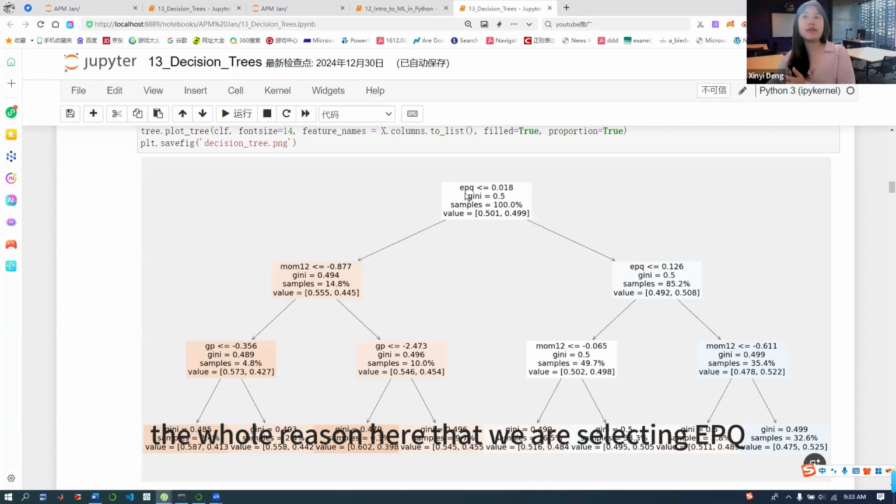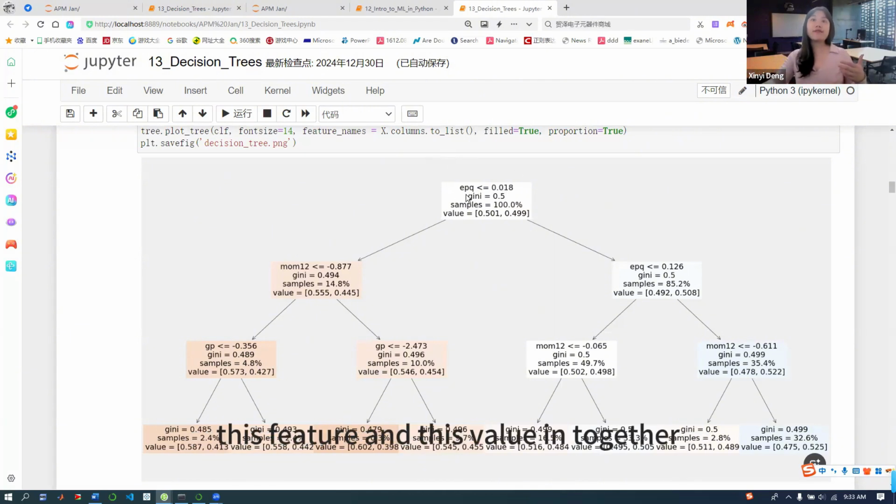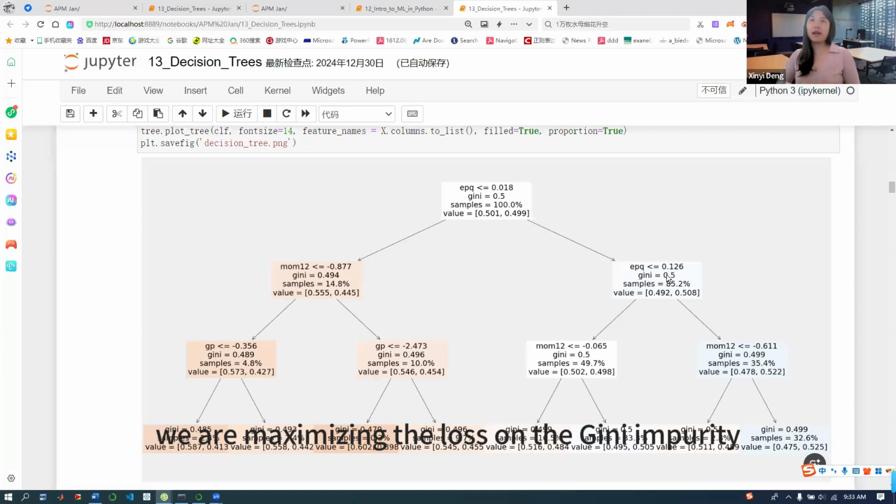The whole reason that we are selecting EP ratio and also the value of 0.018 is because this feature and this value together, when we move into the next two subsets, are maximizing the loss on the Gini impurity.